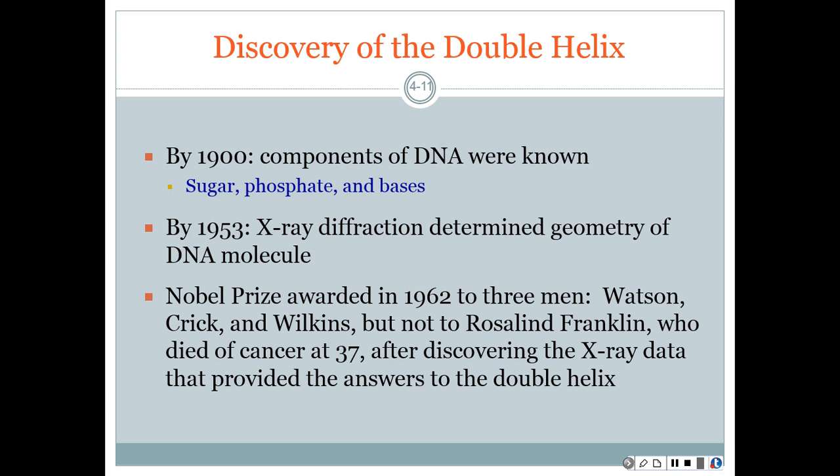Now, we had another individual, Rosalind Franklin, who was also working in London, but she was at King's College, and she was using a technique called X-ray diffraction.